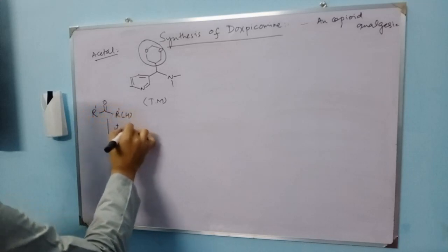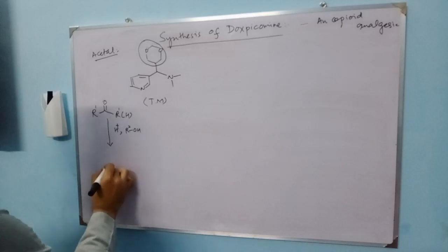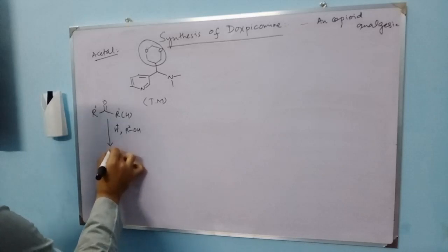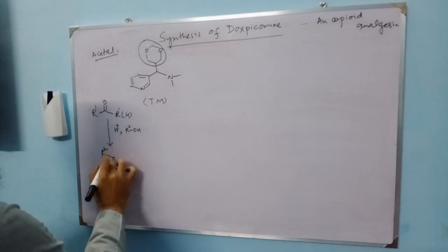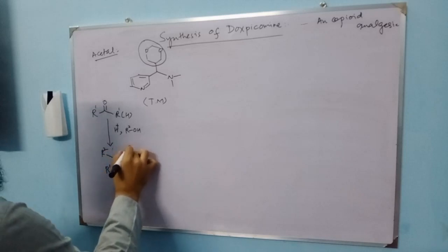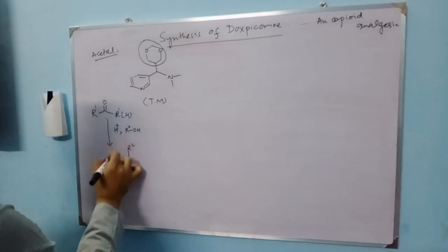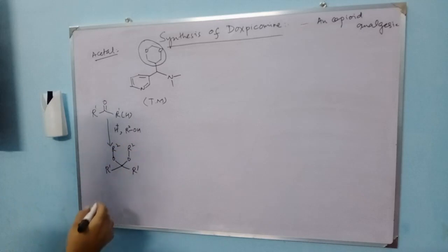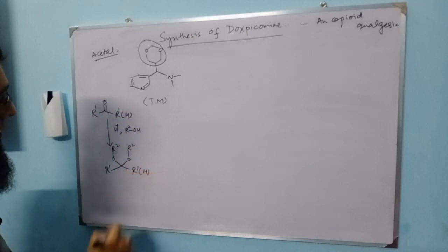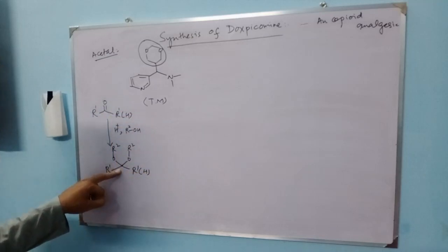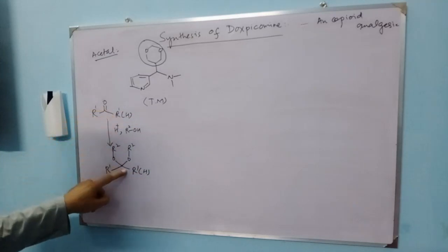If we call it R1, then this would be R2, and as a result we get R2 here, R2 here, R1. If R1 in this case is hydrogen, then it would be called an acetal, and if it is an R group, some carbon-based group, then it would be a ketal.